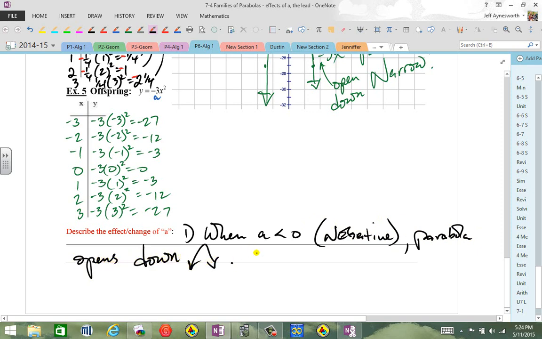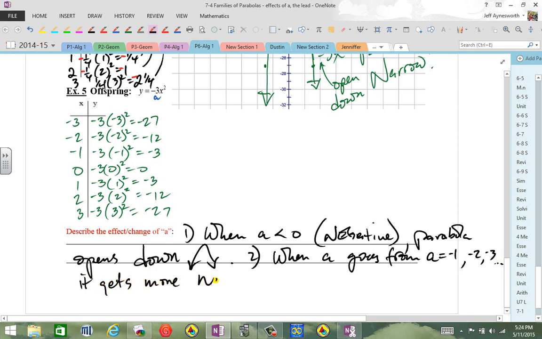Second thing, just like in the first discovery, when a goes from, let's say, negative 1 to negative 2 to negative 3, and so on, it gets more narrow.